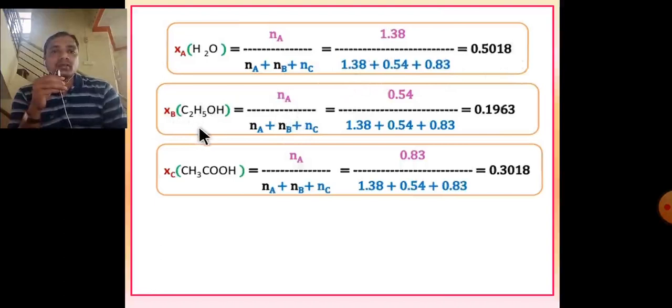Similarly for ethyl alcohol the answer is 0.1963, and by a similar calculation the mole fraction of acetic acid is 0.3018.